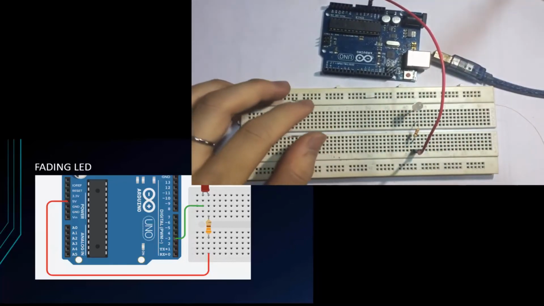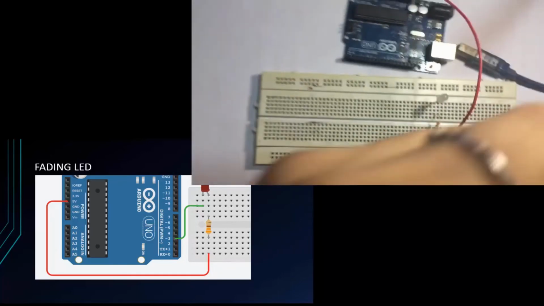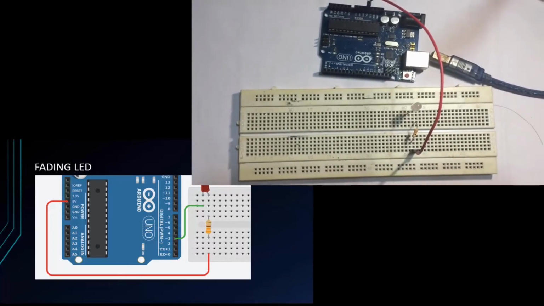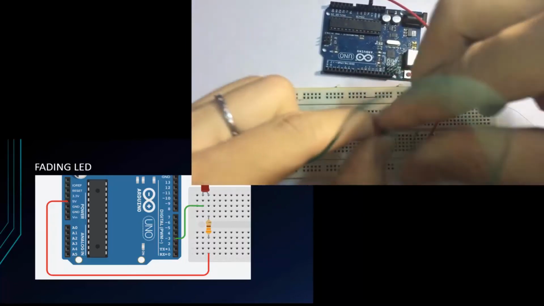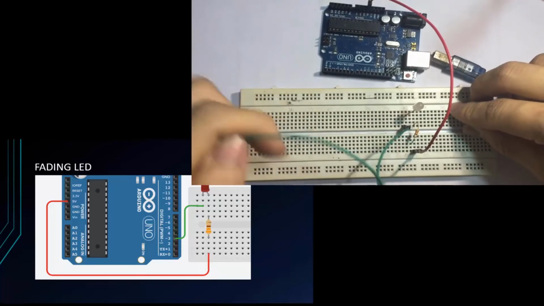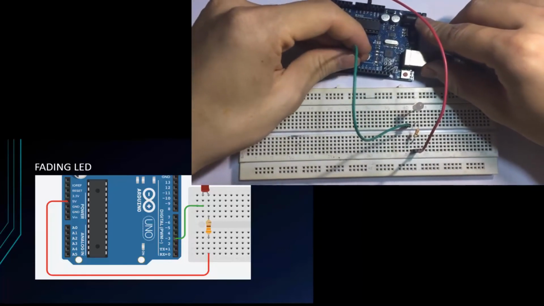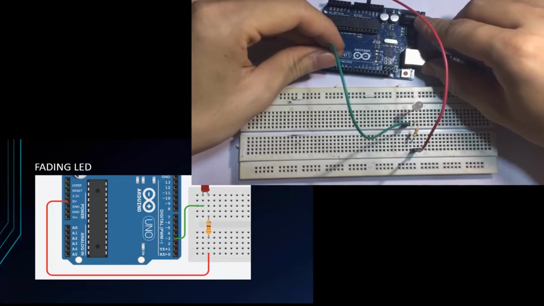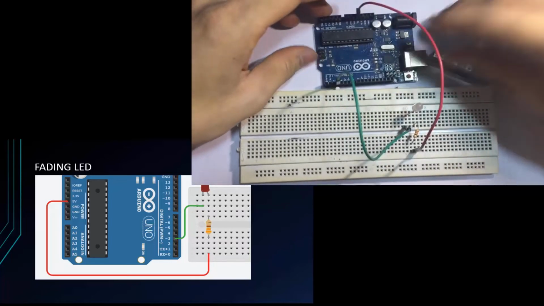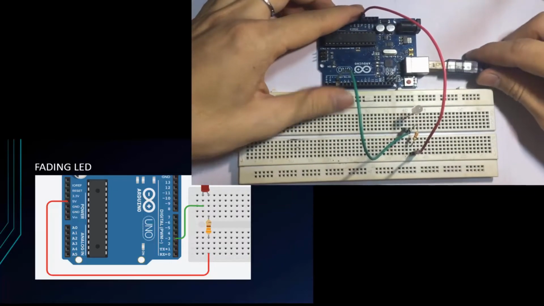The cathode pin will be connected to analogWrite, analog pin 3. Okay, now I will connect.